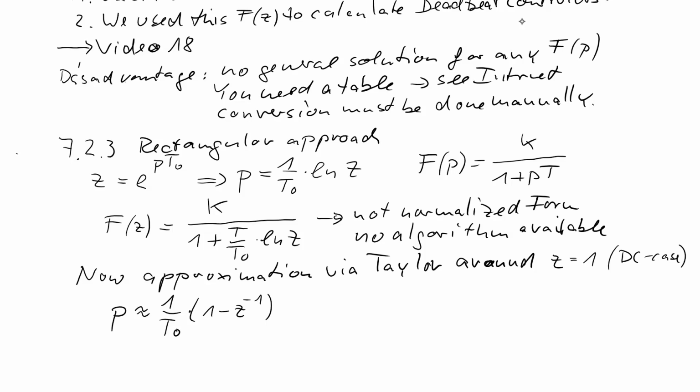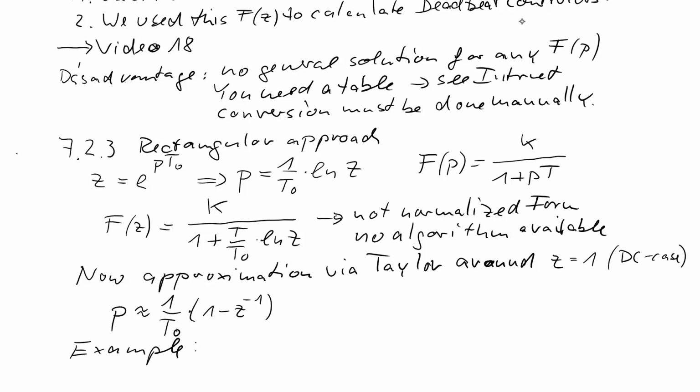This is exact in this case. If z is 1, then 1 minus 1 is 0, and p is 0. That is the DC case. So in the DC case, exact. For low frequencies, also a good approximation. And this replacement is called the rectangular approach. Let's do the example.